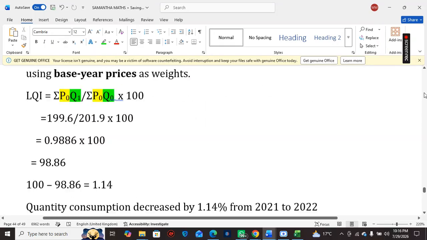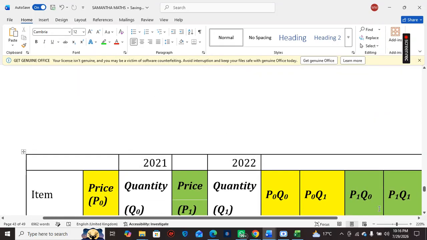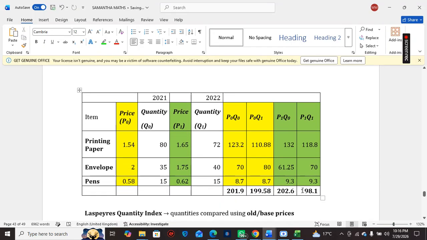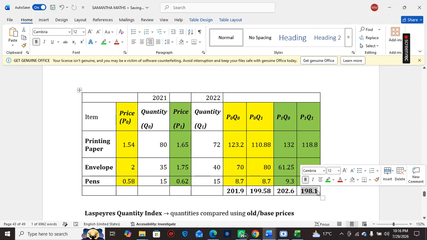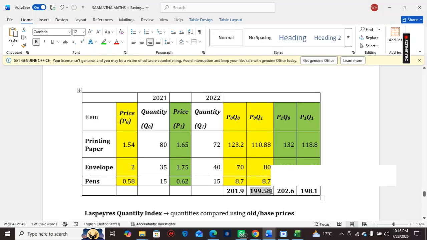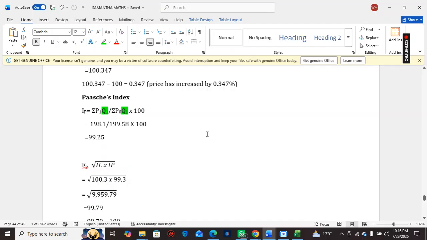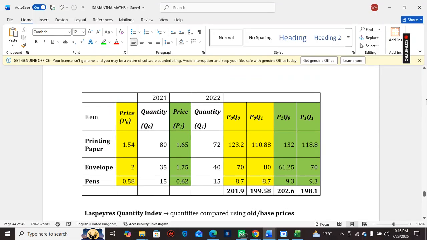So P1Q1, the summation, is 198.1, and P0Q1 is 199.58. Okay, so 198.1. Make sure that P1Q1 is 198.1.